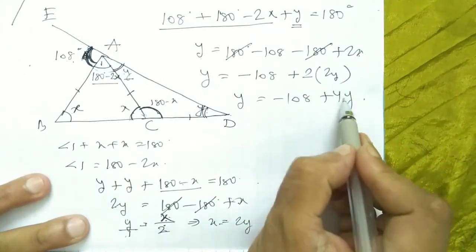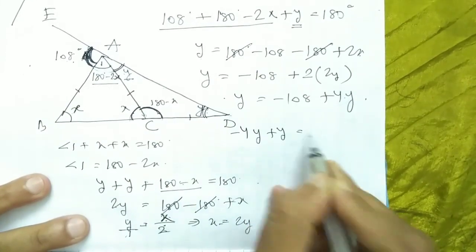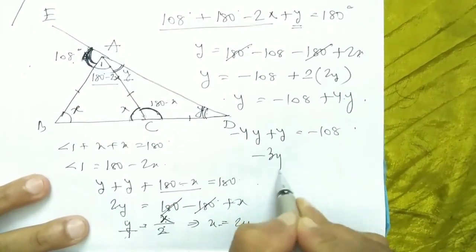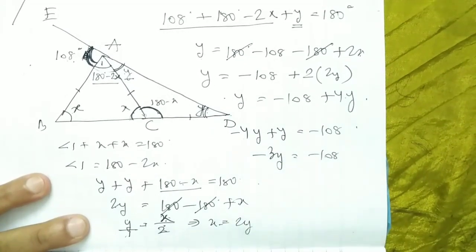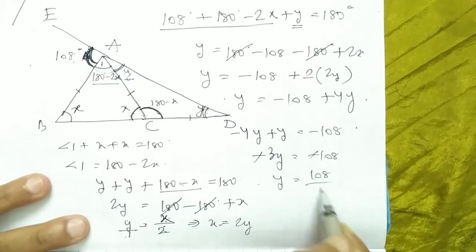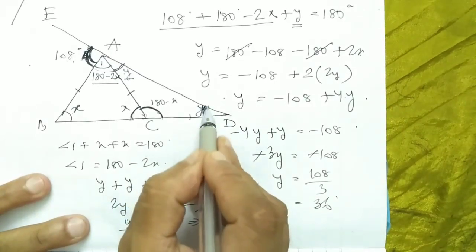Now 4y is going there, that is minus 4y plus y equal to minus 108, that is minus 3y equal to minus 108. Minus cancelled, y equal to 108 by 3. So what are we getting? 36 degree. That means my y is 36 degree.